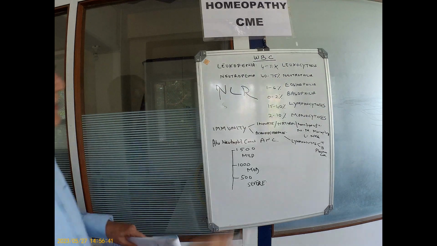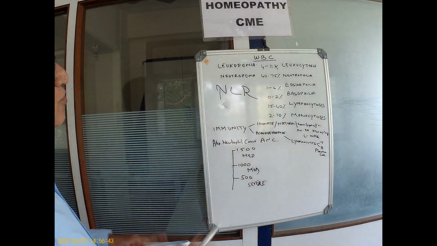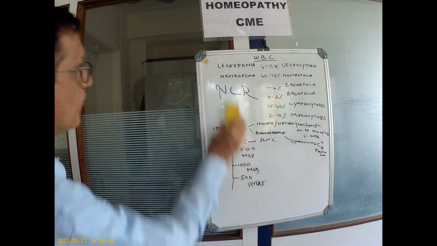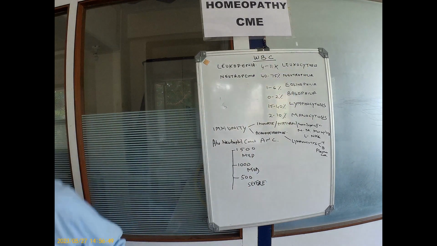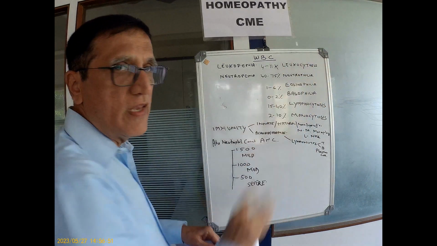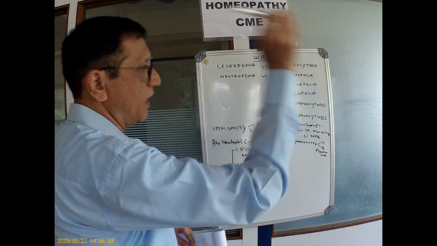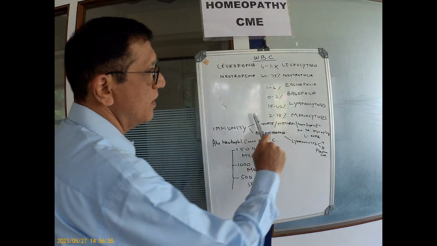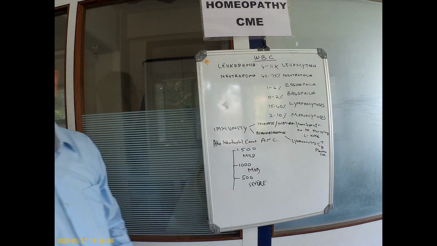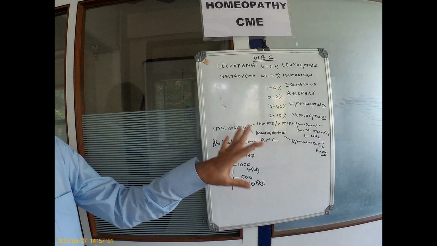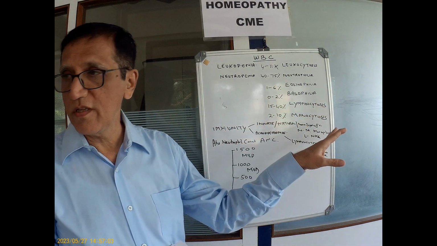Now, we covered neutrophils because of the pathogenic thing; eosinophils, allergic and parasites; basophilia, type 1 hypersensitivity; lymphocytosis, again viral and chronic; monocytosis, again comes in chronic infections like TB.